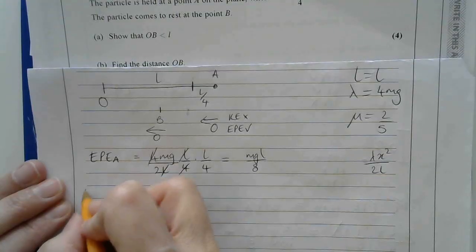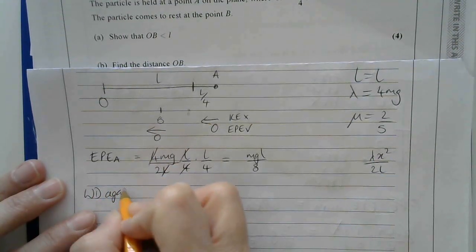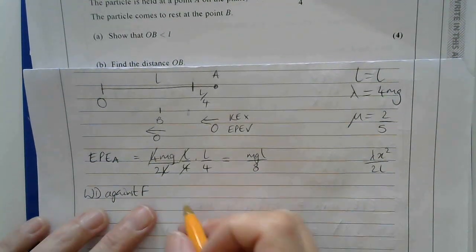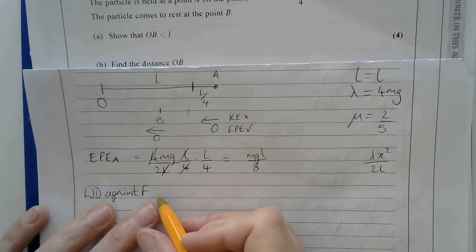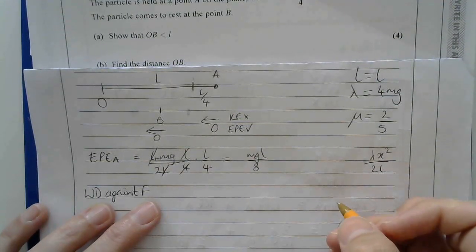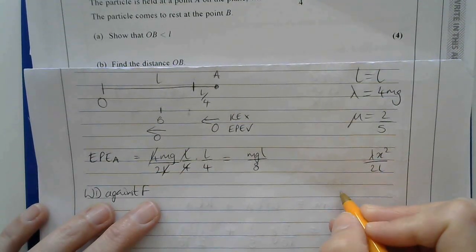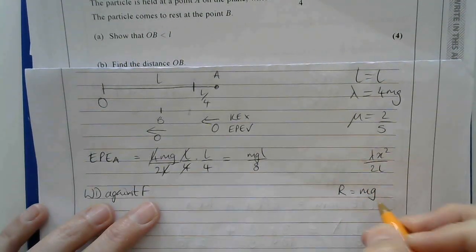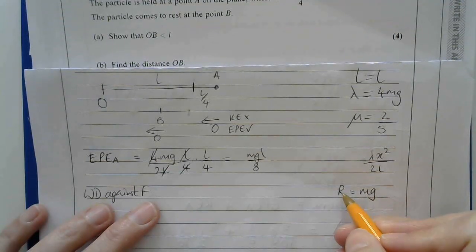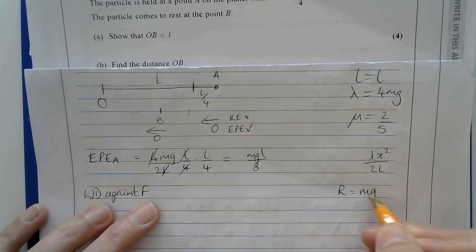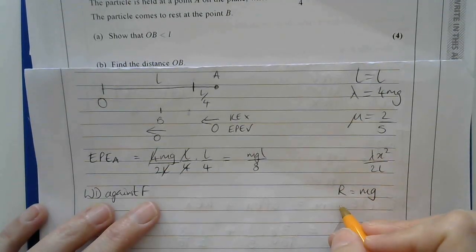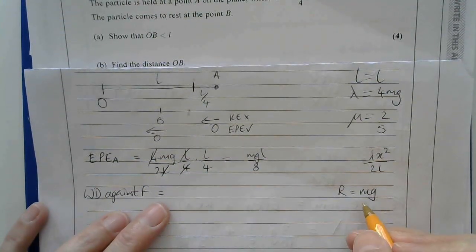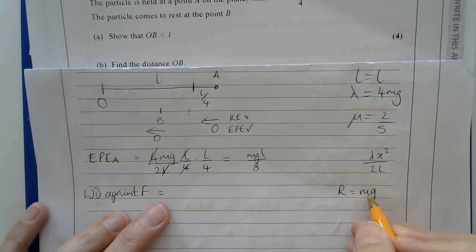If I look at the work done against friction, I first need to figure out what the frictional force is. R is going to equal mg, because the mass was m, so the weight is mg. So the normal reaction force up will equal the weight acting down, and therefore the frictional force will equal R times mu.